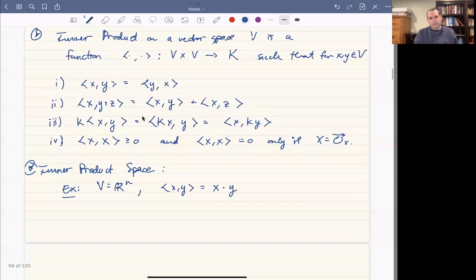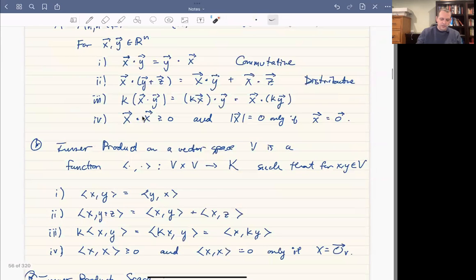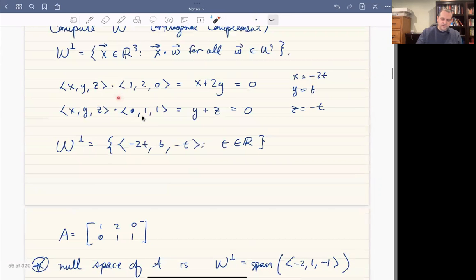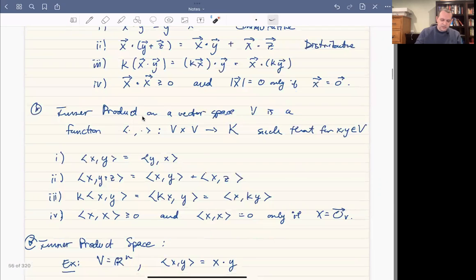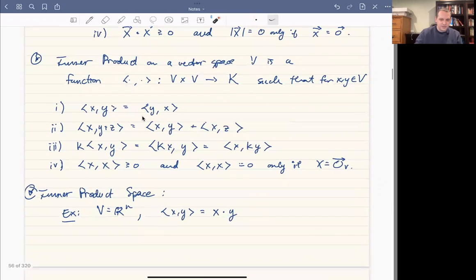I want to point out there's a potential for just a slight amount of confusion here. I'm using these angled brackets in 2 different ways. Before, when we were talking about vectors in Rn, I used these to denote the vectors themselves, right? So the entries were real numbers. Here, we use these angled brackets to talk about inner products, one example of which is the dot product.